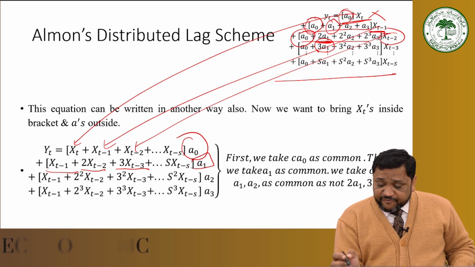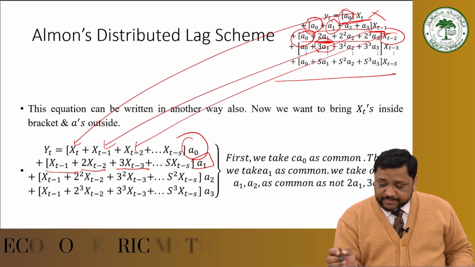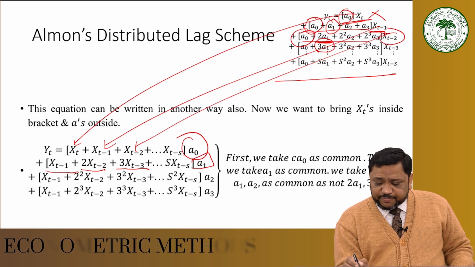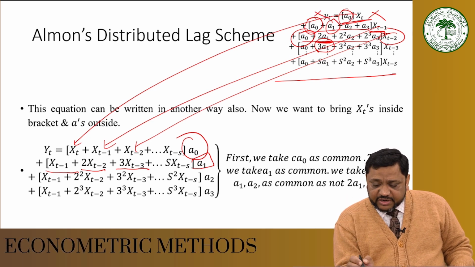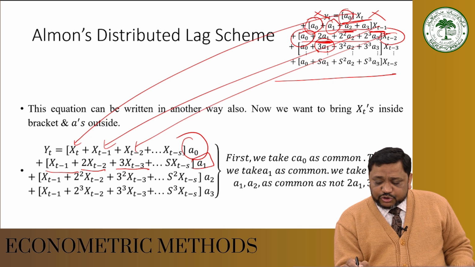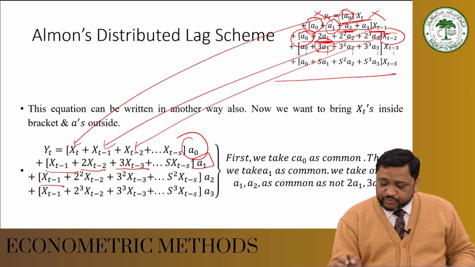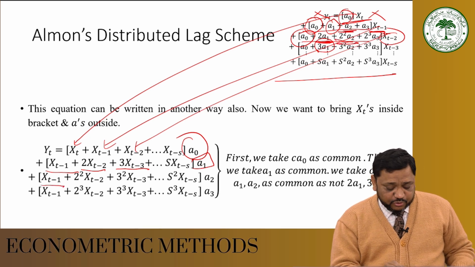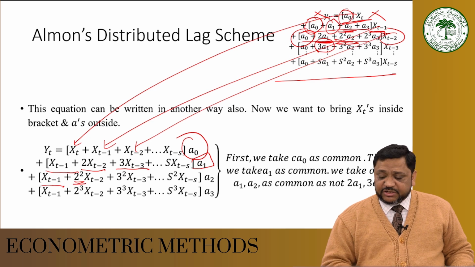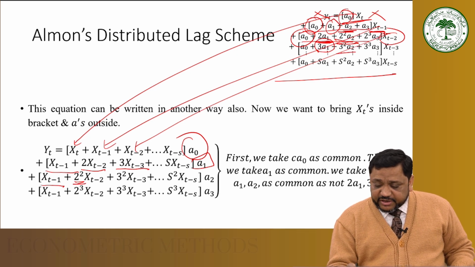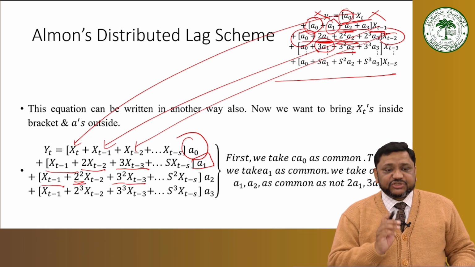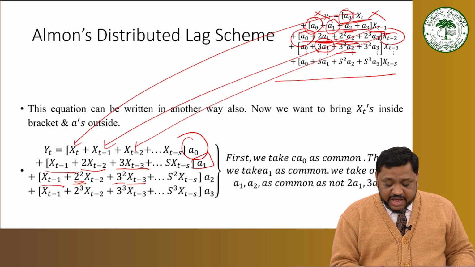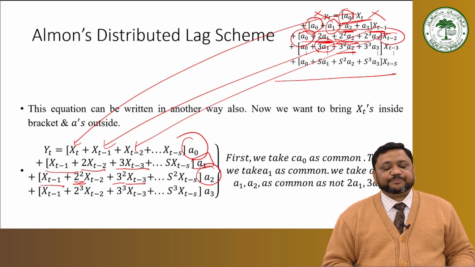I repeat again for the term A2: A2 is not present over here, nothing to be done, but A2 is present over here. So for xt minus 1, 2 square A2, 2 square xt minus 2, then 3 square A2, 3 square xt minus 3, all these present, and this is multiplied by A3.